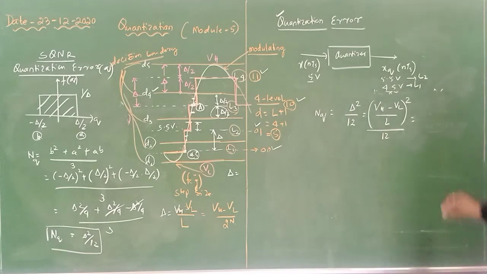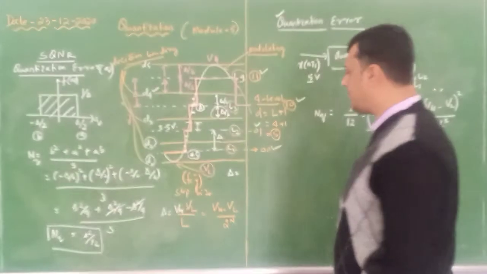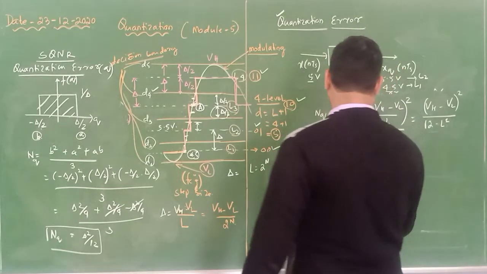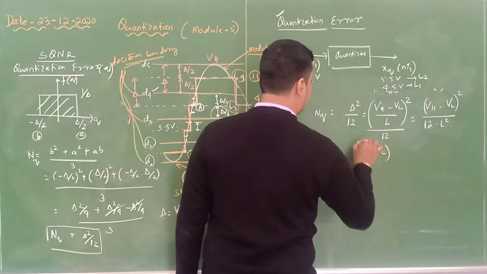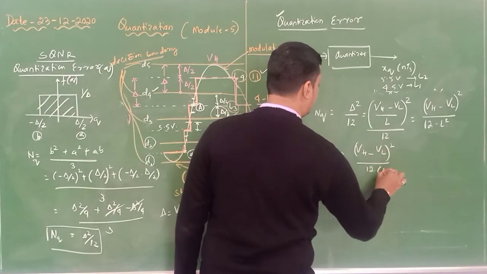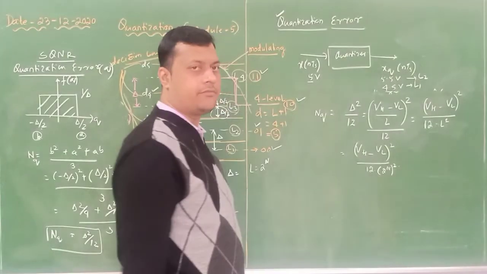Like this I can write: (VH minus VL) whole square divided by 12 L square. But what is L? L is nothing but 2 to the power n. So here I can write (VH minus VL) whole square over 12 into (2 to the power n) whole to the power 2. So this is one relation.